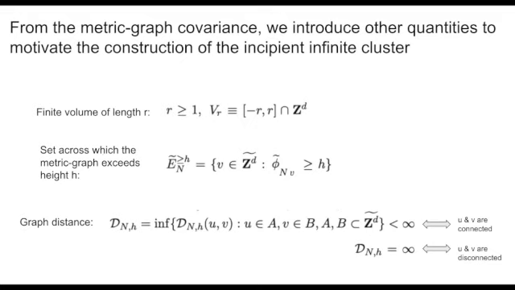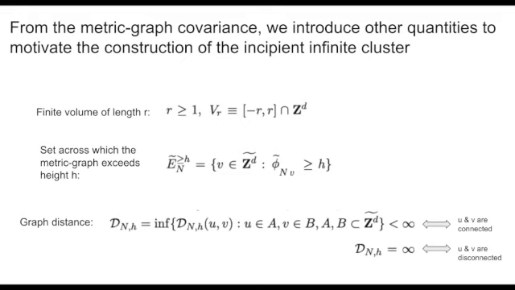This also coincides with other definitions in the literature, where others call it the chemical distance, given by an infimum of script d of nh of uv, where u and v are 2 points lying in some sets A and B. And we know that if this distance is finite, this communicates that u and v are connected, while if the graph distance is infinite, u and v are disconnected.